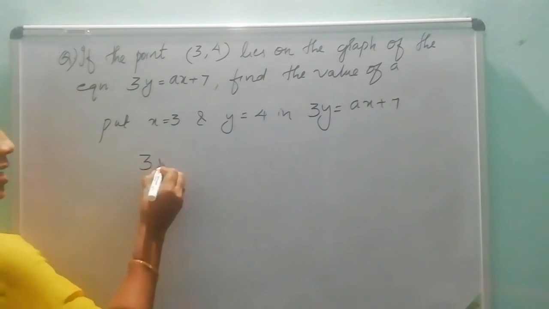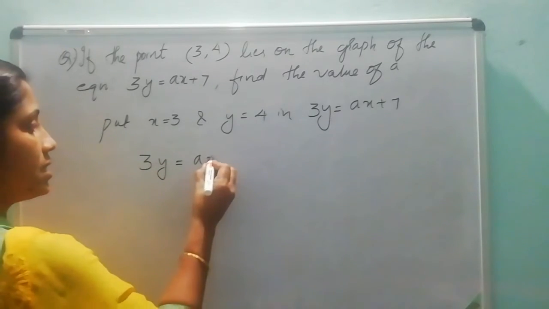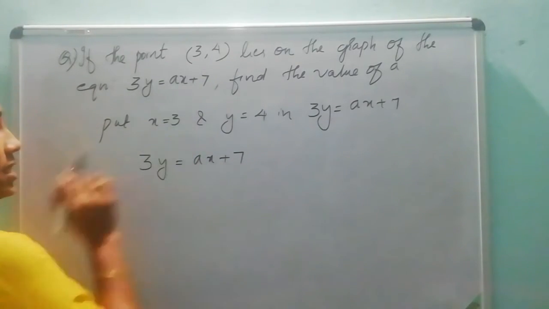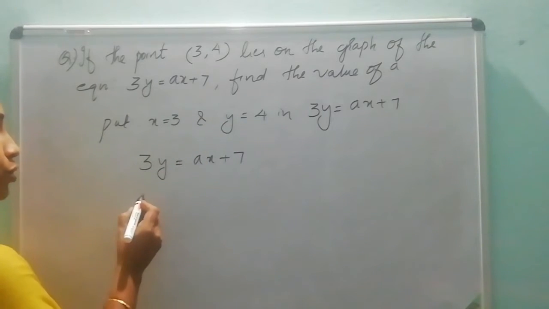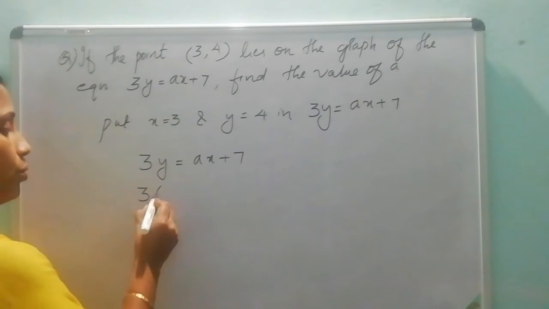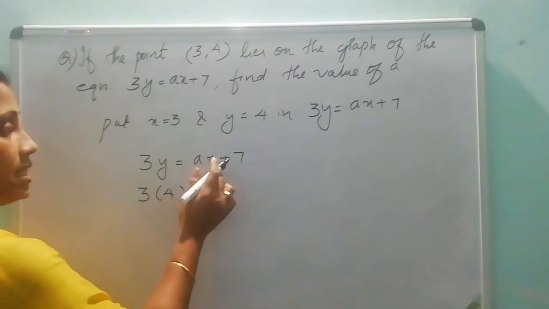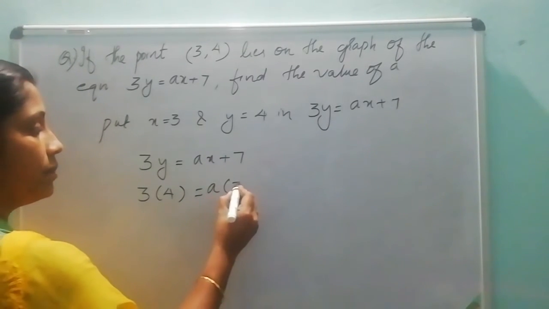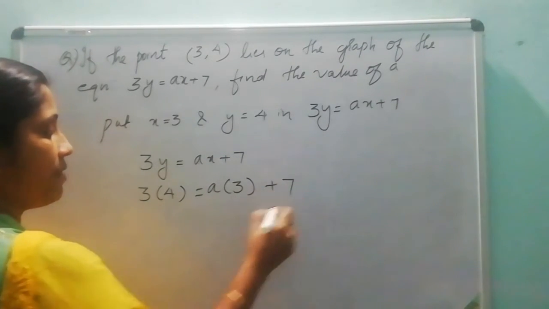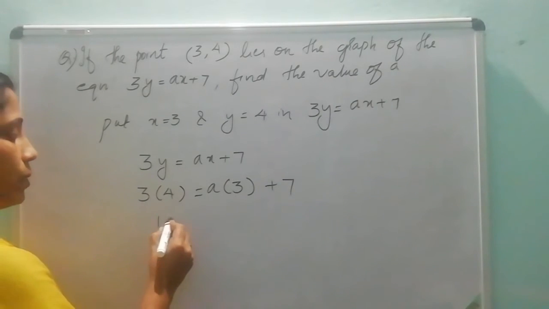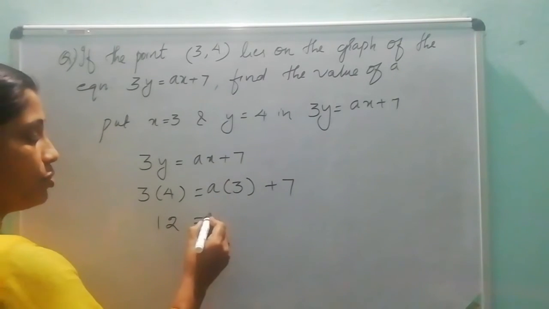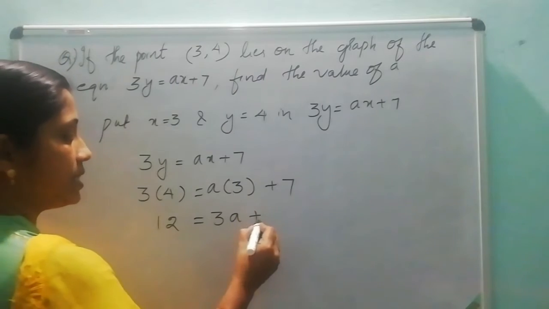That is 3y is equal to ax plus 7. Put x is equal to 3 and y is equal to 4. 4 into 3, that is 12. 12 is equal to 3 into a, that is 3a plus 7.